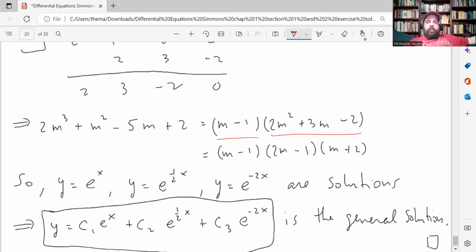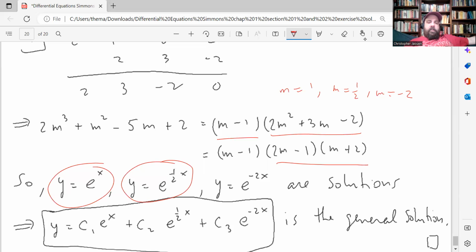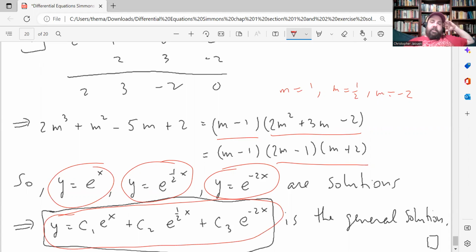This is the quadratic factor, which factors into 2m minus 1 times m plus 2. If you set those equal to 0 and solve for the roots, you find that m equals 1, m equals 1/2, m equals minus 2. So you take those as the powers in e to the mx. We have these three particular solutions, and then you just take the linear combination of them, and that will be the general solution to that third order differential equation.